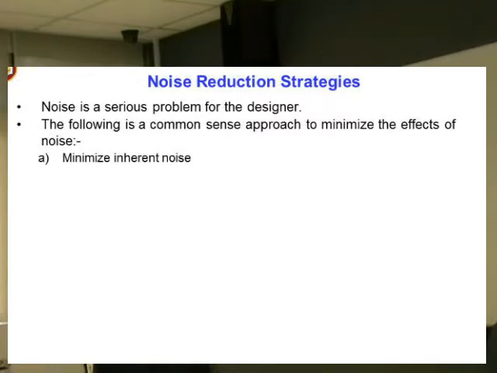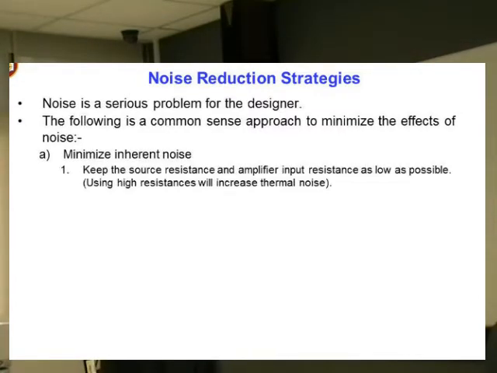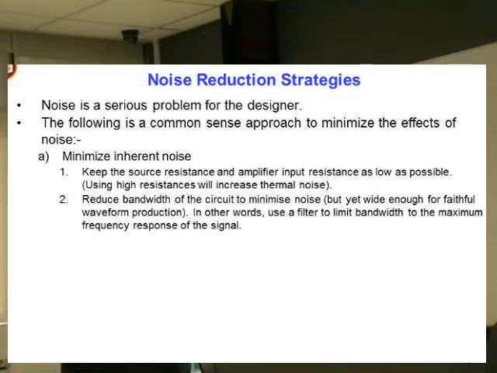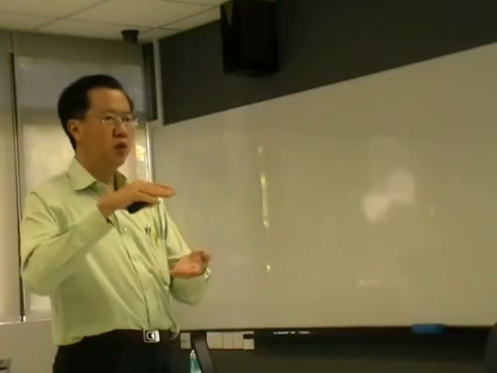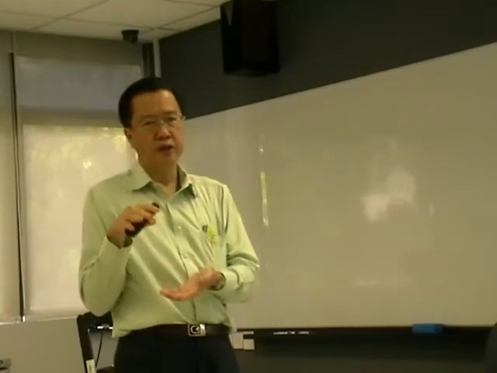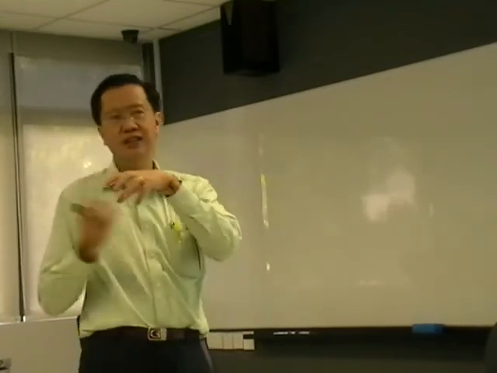You know what inherent noise is, and you know how to lower it, and you do that by reducing the source resistance and the input resistances that you use for the first stage amplifier. And then you reduce the bandwidth of the amplifier. Then you reduce the operating temperature, so you keep your circuit cool, don't let it get hot like in the hot sun or near a hot device.